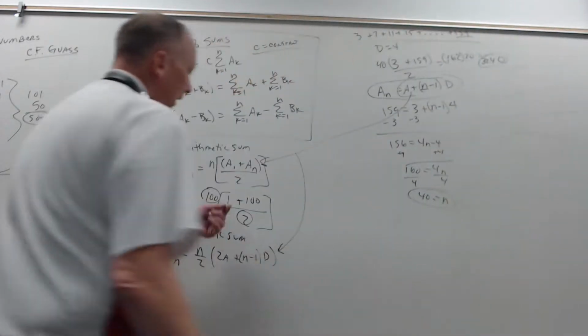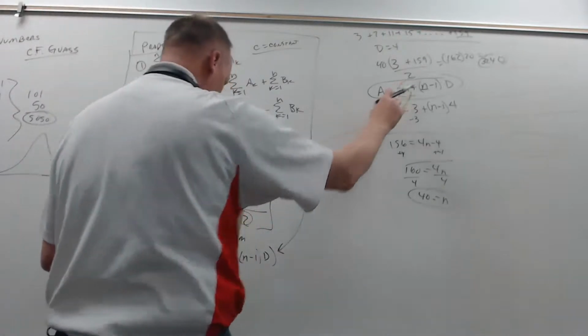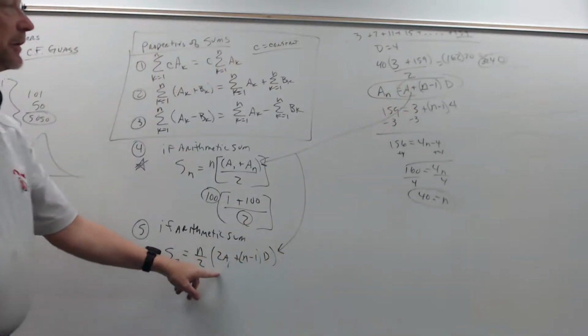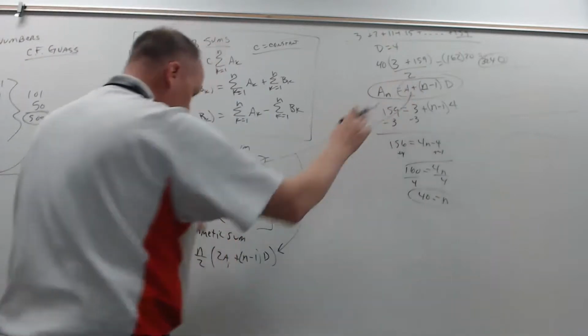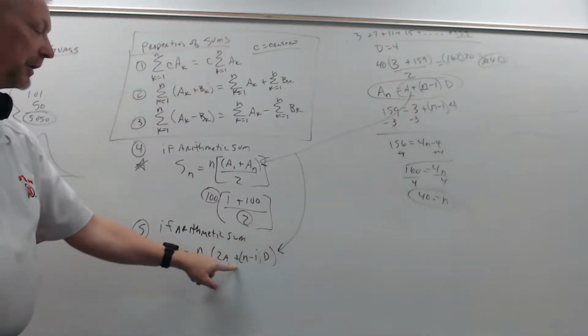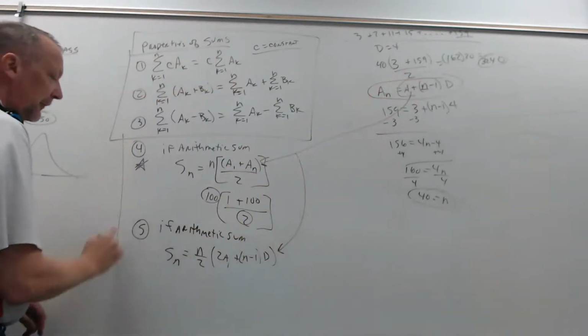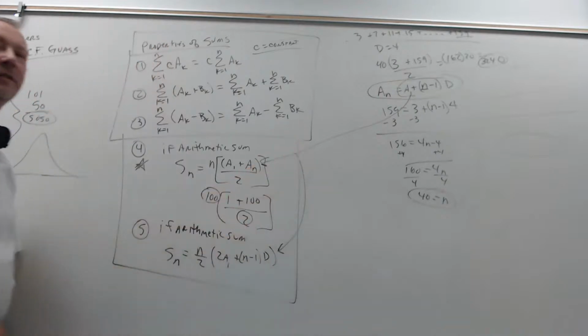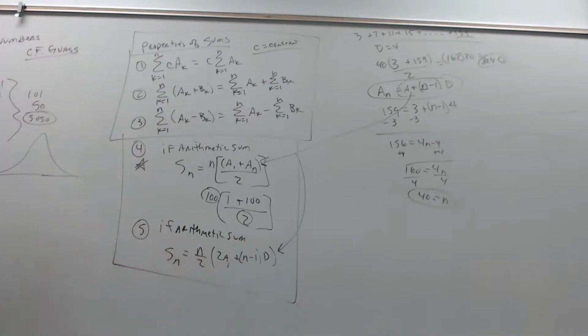Okay. So I've got a sub 1. I forgot to put my a sub 1 there. So I already have a sub 1, right? If I add another a sub 1, that's 2a sub 1 plus n minus 1 times d. So these formulas, 4 and 5, are essentially the same formula. It's just that if you don't know your n, this will give it to you.